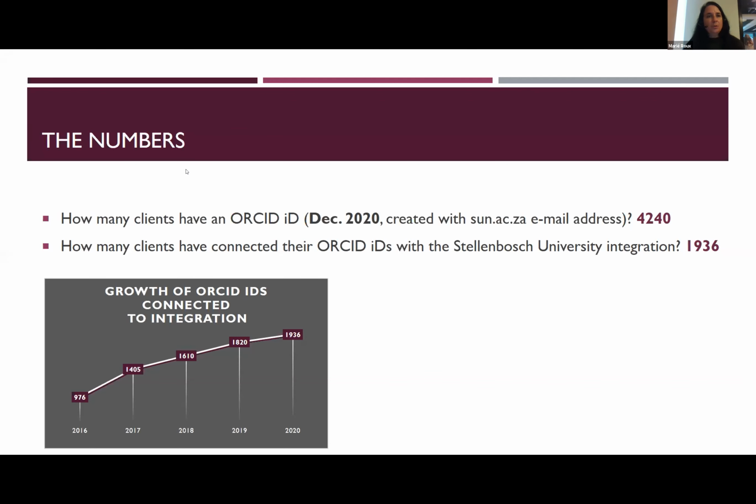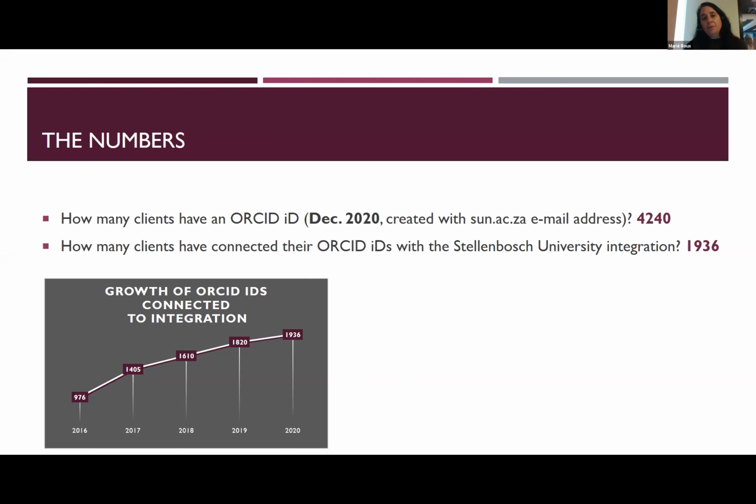So if we look at the numbers, at the end of last year, December 2020, if we look at the ORCID stats that they supply, the clients that have created with their Stellenbosch University email addresses and ORCID ID were about 4,240 at that point of time.